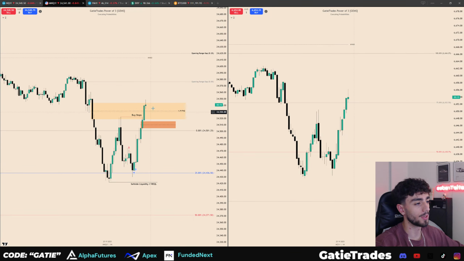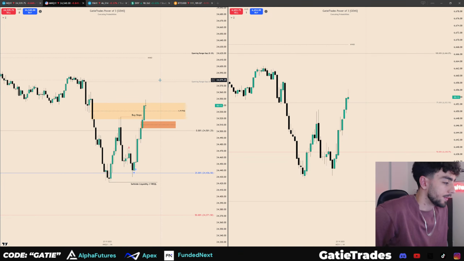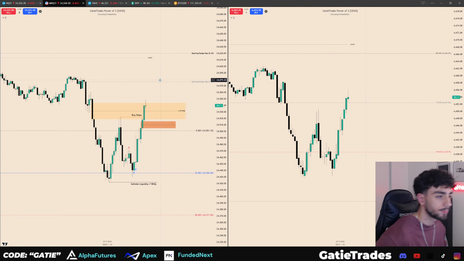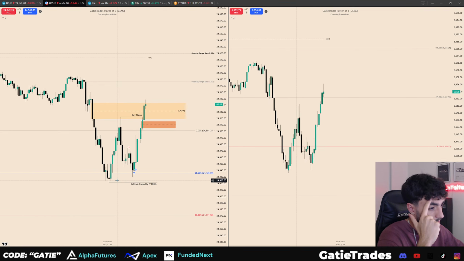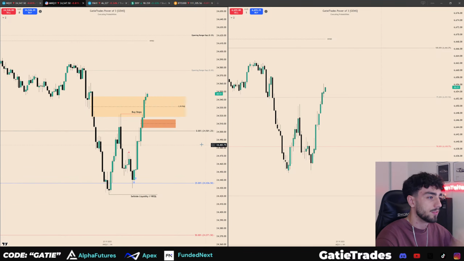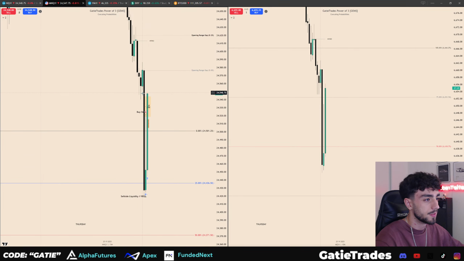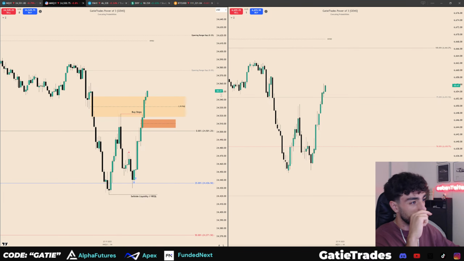I couldn't have anticipated that large of a news candle. I like these equal lows. They can inverse first presentation, that's fine, because of the 15-minute. As long as we don't inverse the 15-minute.